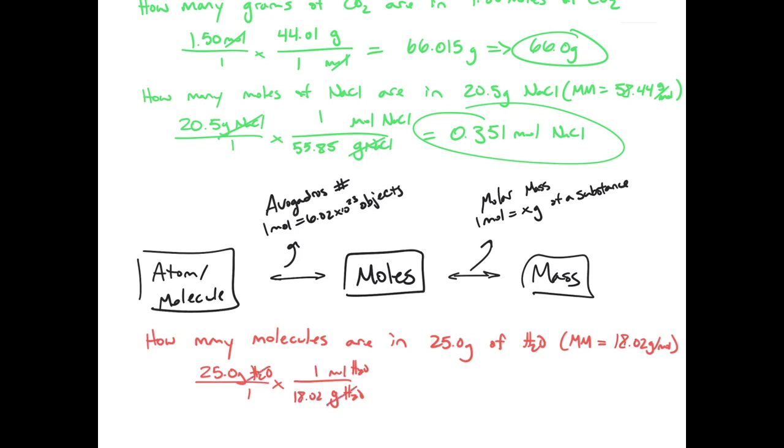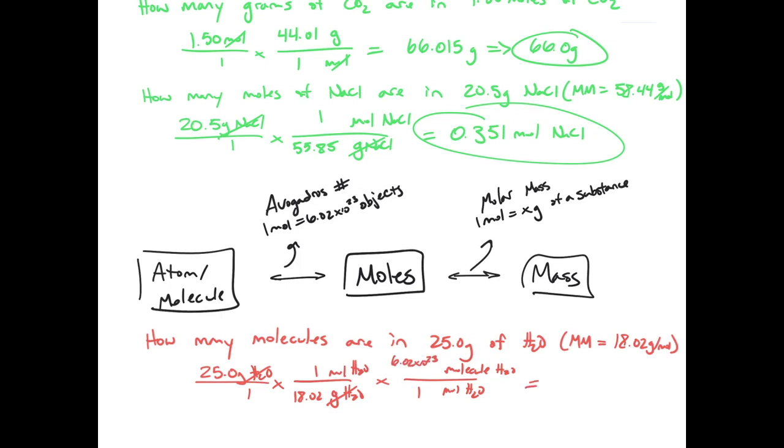Now I could hit equals here, but I don't necessarily want to hit equals here. I'm going to actually take this and multiply by another conversion factor, which converts from moles to molecules. So I'm going to put moles of H2O on the bottom. I'm going to put molecules of H2O on top, and I'm going to use Avogadro's number, which says there are 6.02 times 10 to the 23rd molecules of H2O in 1 mole.